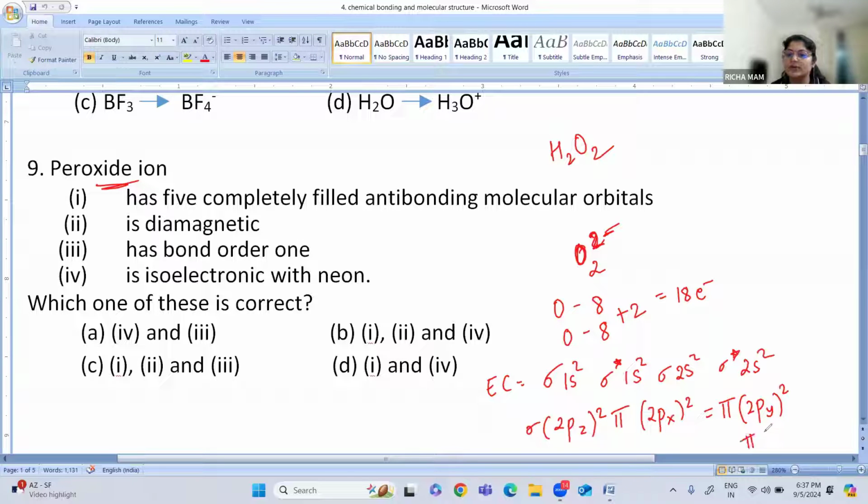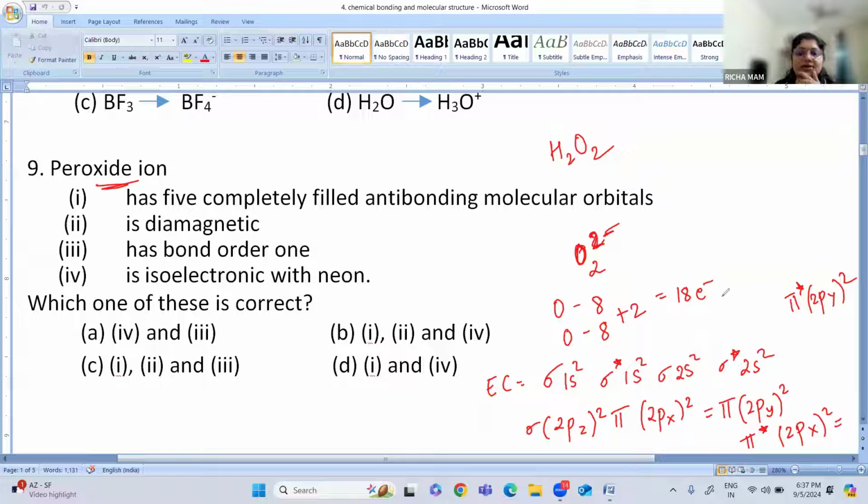Then pi star 2px square equals pi star 2py square.